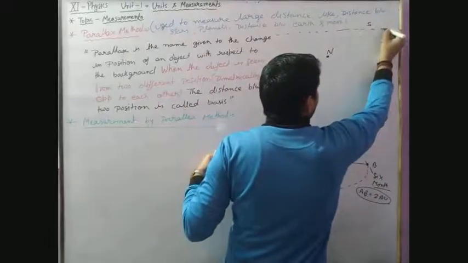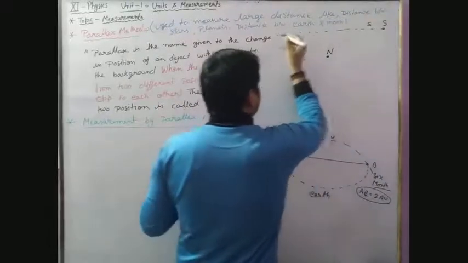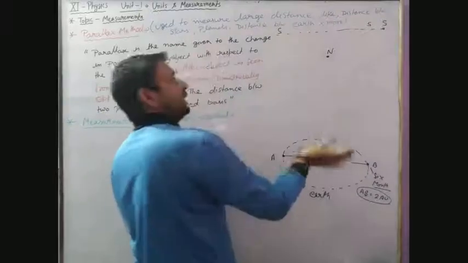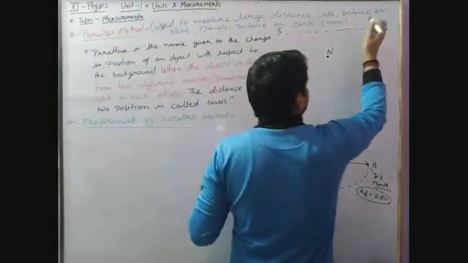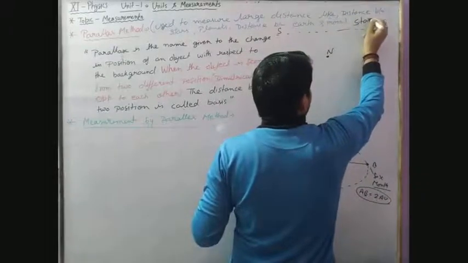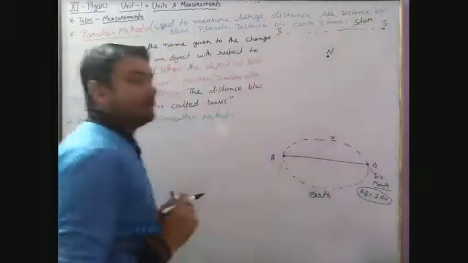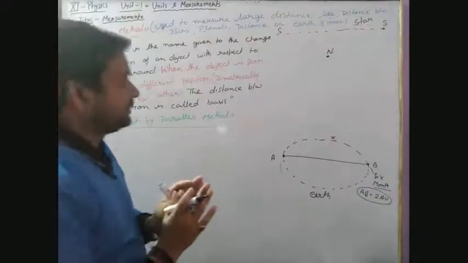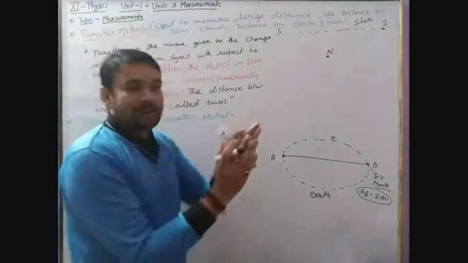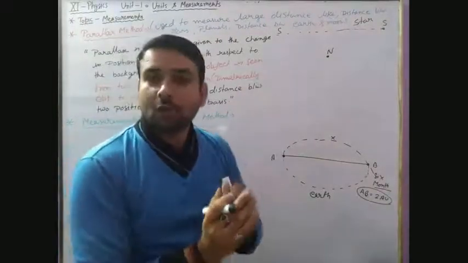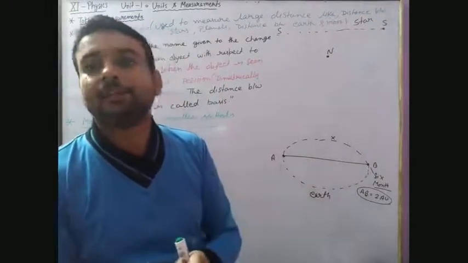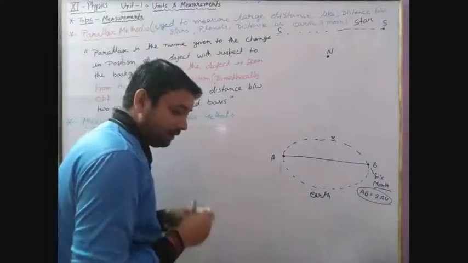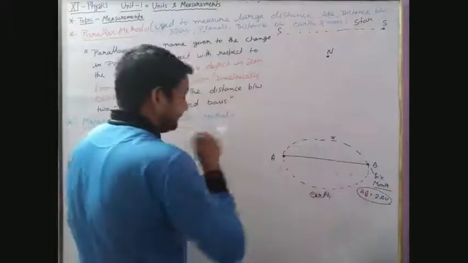Here is also S and here is also S, because it is a very far away star. As per your previous knowledge, for an object which is very far away from us, the light coming from the object is nearly parallel. Now we use here the same concept.